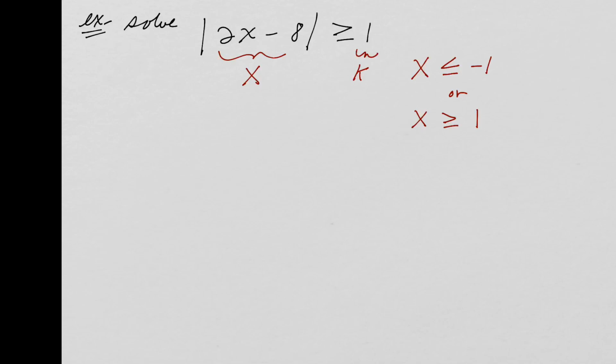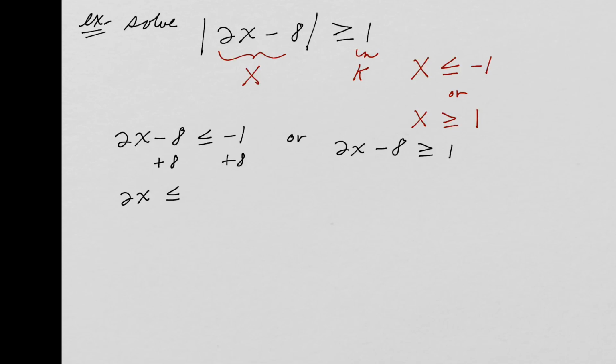I can say the capital X, which is my 2x minus 8, one possibility is it's less than or equal to -1, or 2x minus 8 is greater than or equal to +1. Let me solve both of these. So I'll add 8. So I have 2x is less than or equal to 7.